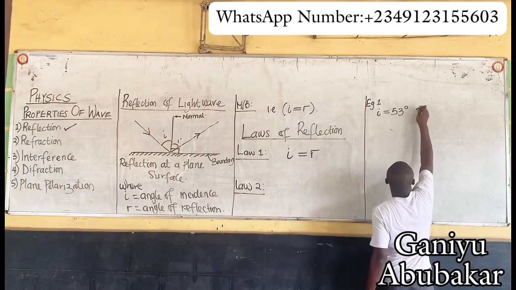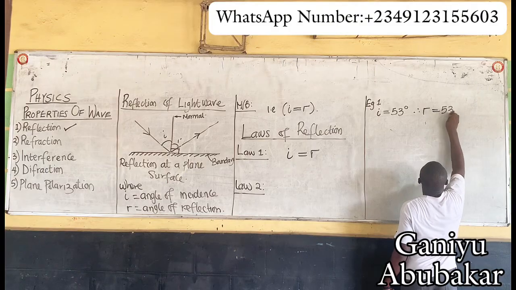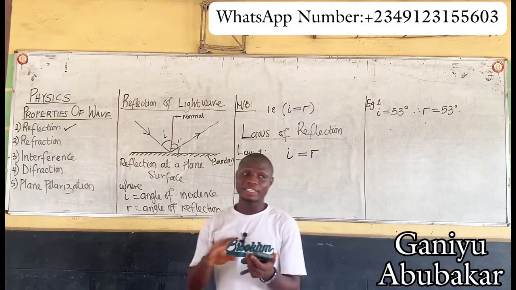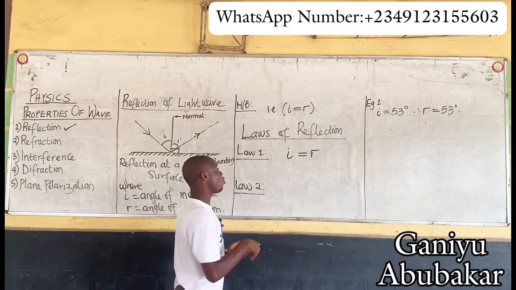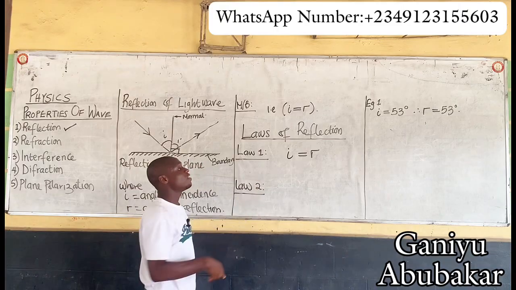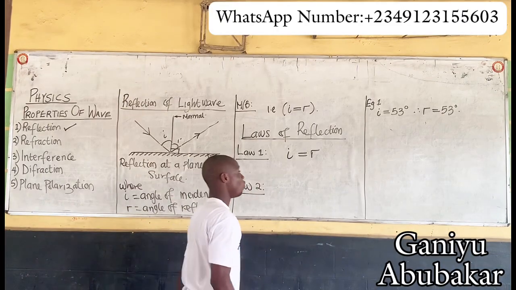So my angle of reflection is 53 degrees. That's how you solve question one. It's as easy as that. Just ensure that your law one goes in place. If I is 53, definitely R is 53, from the first law of reflection.